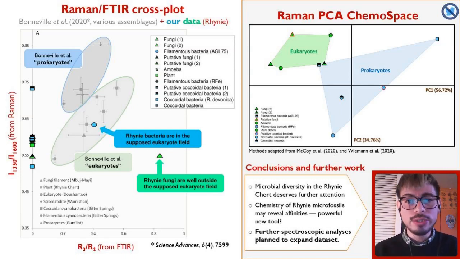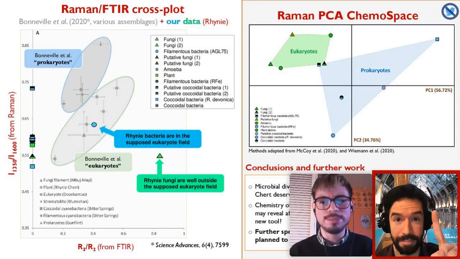However, by using Raman data combined with a principal components analysis, it might still be possible to differentiate between prokaryotes and eukaryotes. The principal component analysis is suggesting that the Raman biosignatures are capturing information related to biological origin, possibly related with biopolymers or thermal maturation, but this needs more investigation and further work as well.